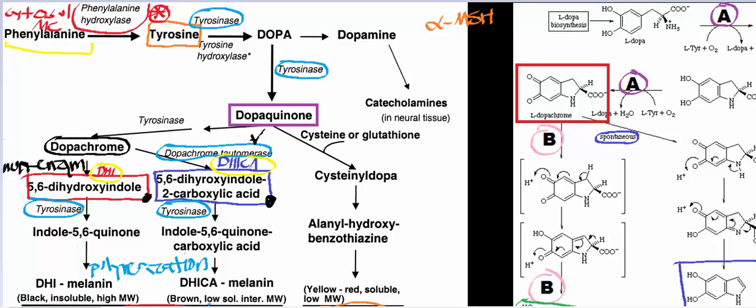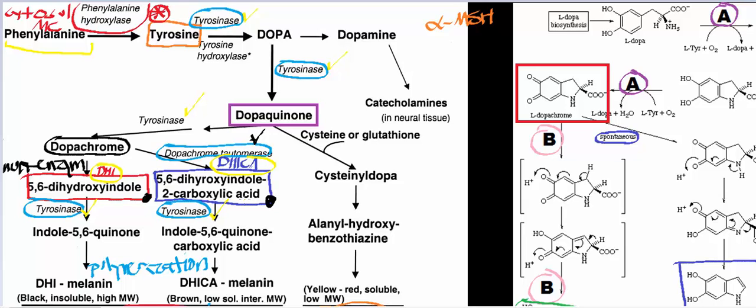Number one, it's catalyzing this committed step in melanin synthesis by converting tyrosine to dopa. It also converts dopa to dopaquinone, and dopaquinone to dopachrome. And if that wasn't enough, it's also catalyzing the conversion of the pre-monomers into their active monomeric forms.